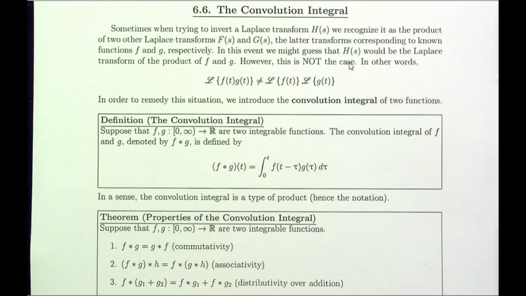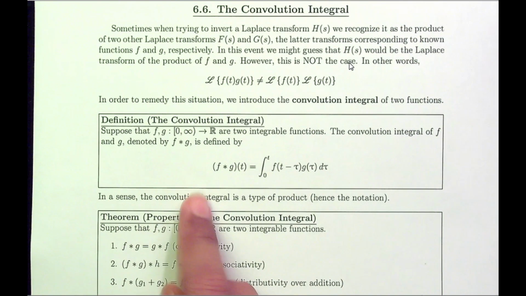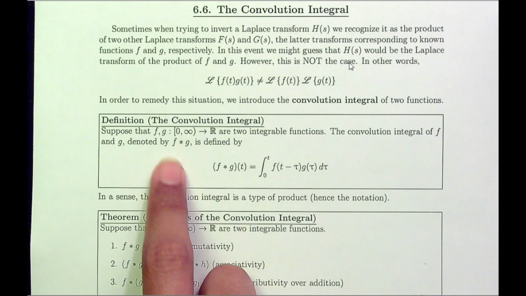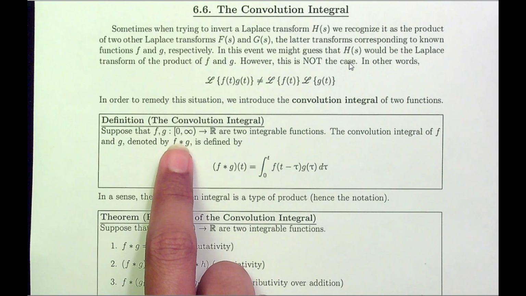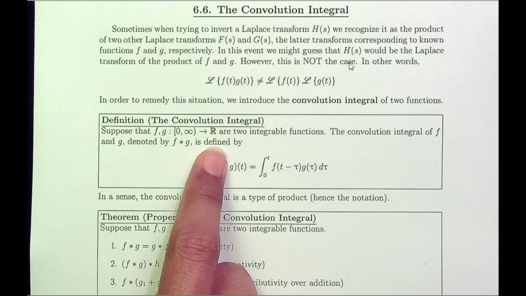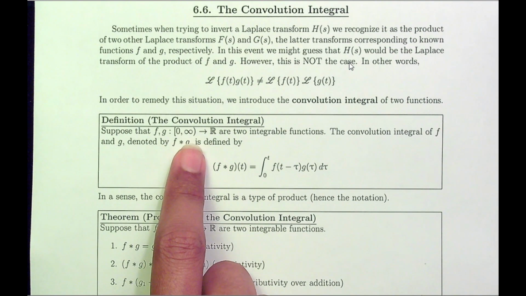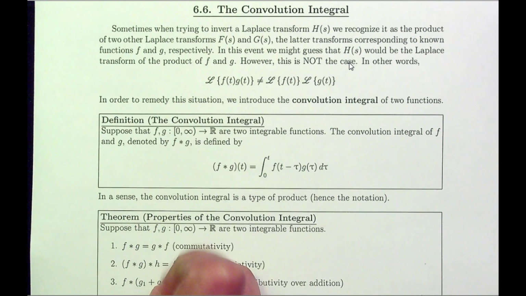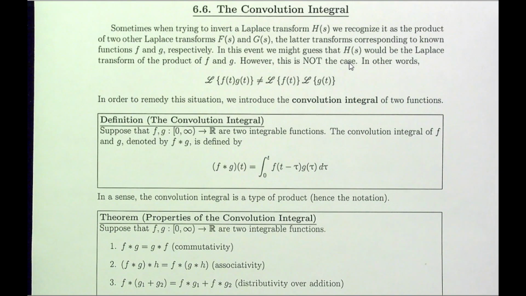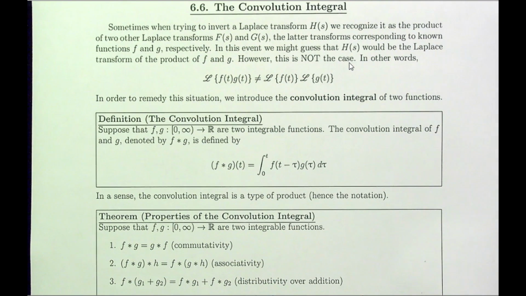So suppose you have two functions, f and g, both defined on the non-negative real numbers, so positives and 0. And suppose that those two functions are integrable, so you can find the integrals over any closed interval.